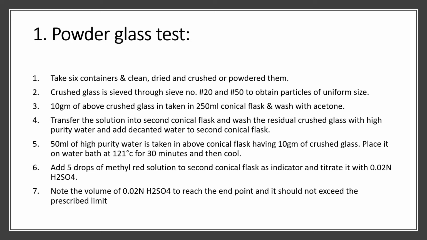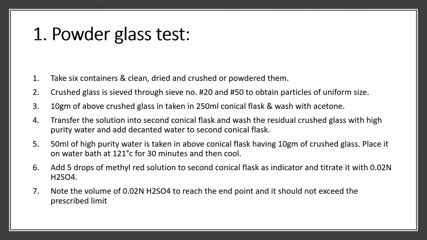So it is washed 2 to 3 times. Then 50 ml of the high purity water is taken in the above conical flask, which is having 10 grams of the crushed glass, and placed on a water bath at 121 degrees Celsius for 30 minutes, and then it is allowed to cool. Then a few drops of the methyl red solution is added to the conical flask as an indicator, and it is titrated with 0.02 normal sulfuric acid.